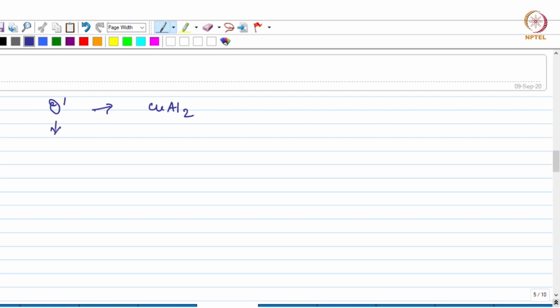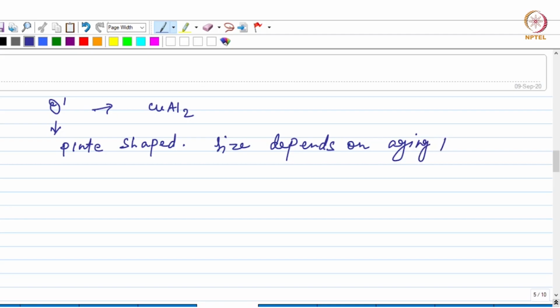And if you see their characteristics, these are plate shaped, and the size depends on the aging temperature. And also the aging time.